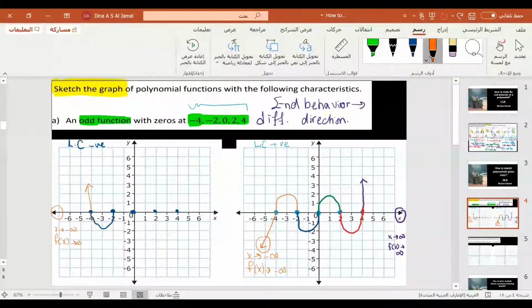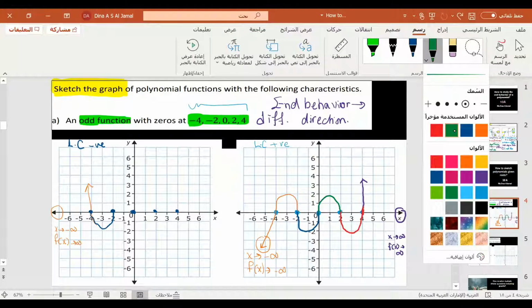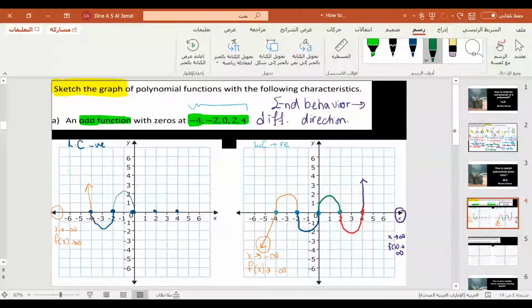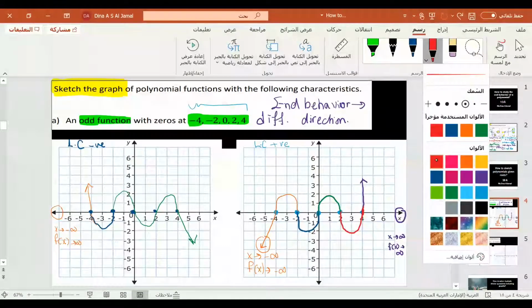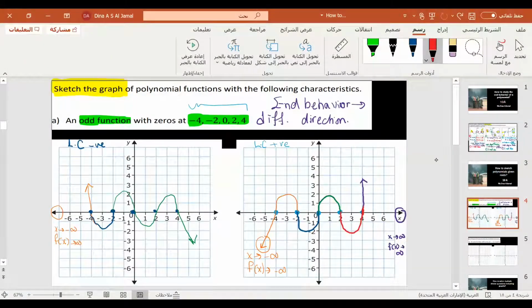It will come up until it changes the behavior, until it goes down. The most important thing is that it should cut the zeros and it should have different directions.